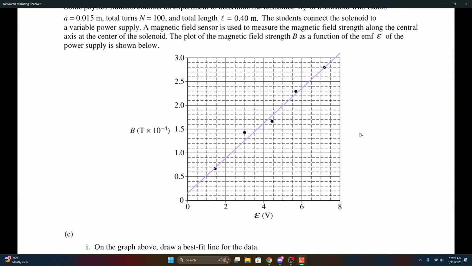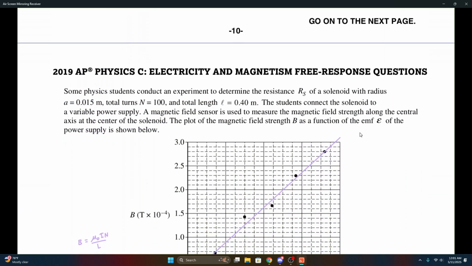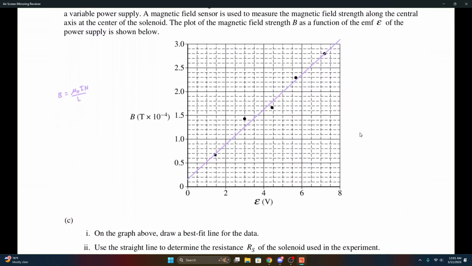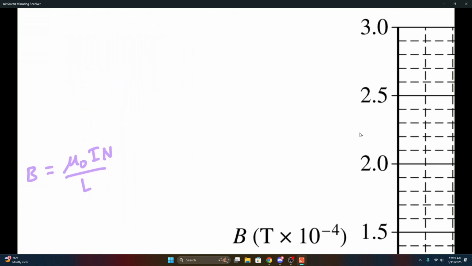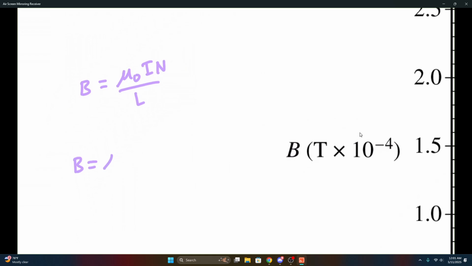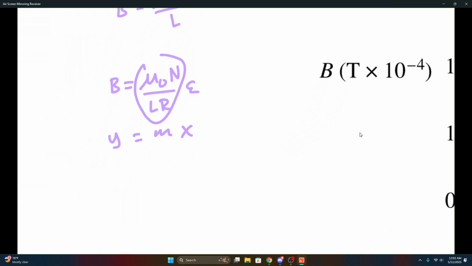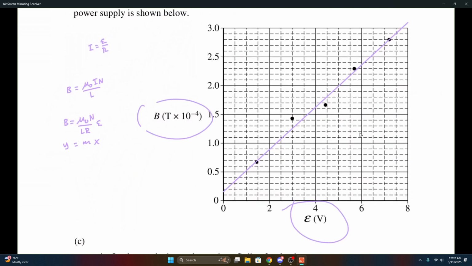And because we know this, then we know that I R equals n over L R times epsilon, which is just y equals mx, right? So the slope is this, and we have our two relations.